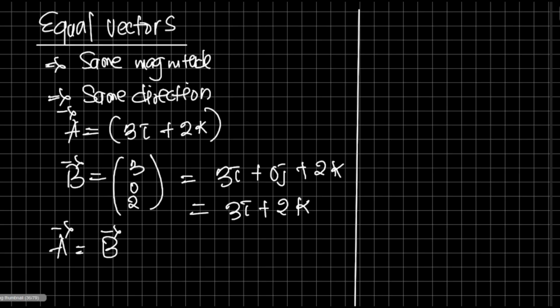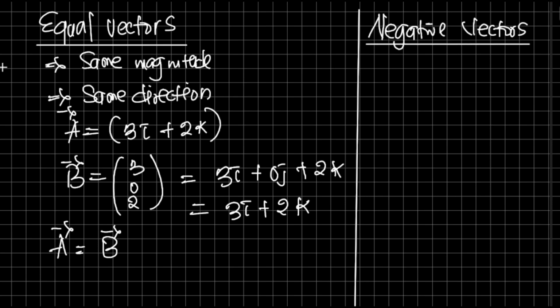So let's take the next parameter, negative vectors. A negative vector is a vector that is negative. We talk about negative vectors when we have a vector that is going in the opposite direction. So if we have these two vectors, let's say this is vector A and this is vector B. This is A going upward and this is B going downward.